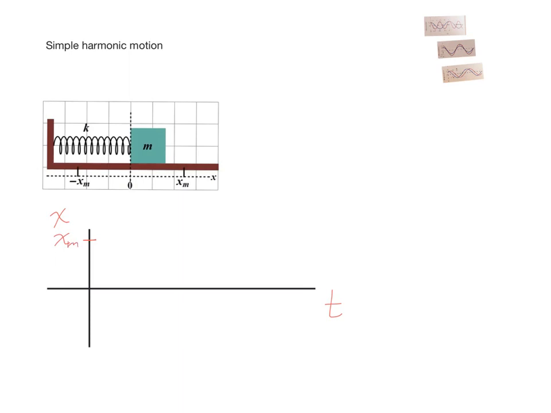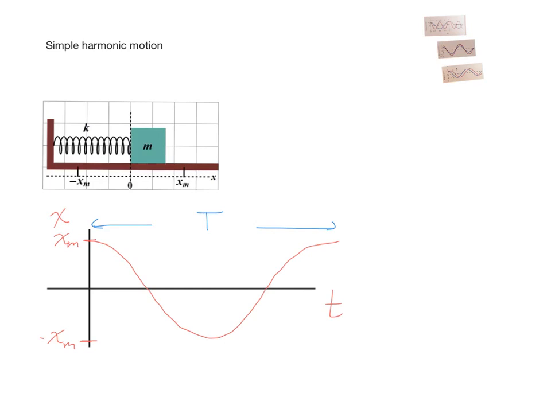And then it would pass the 0 point and reach its maximum compression, and we would get a cosine function for that oscillation. Between the two crests would take a time that is equal to the period of that oscillation.